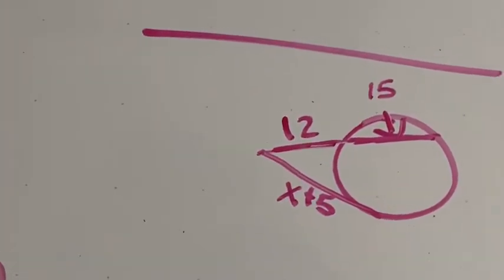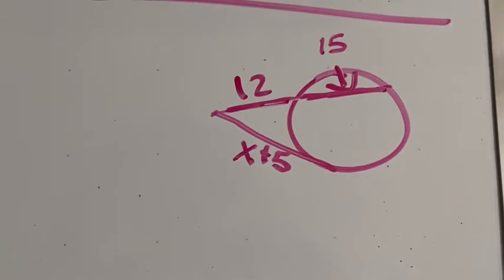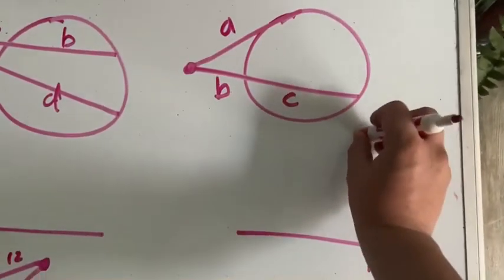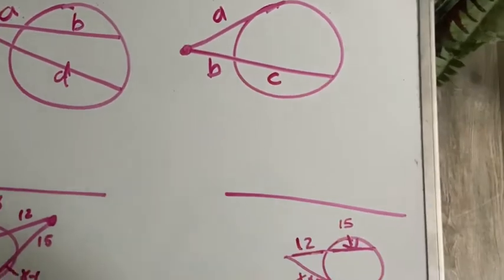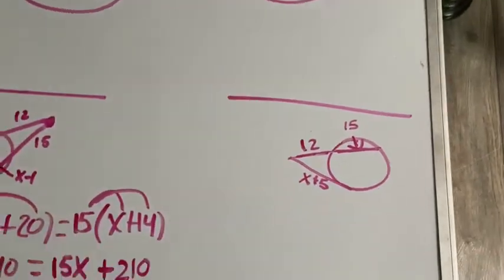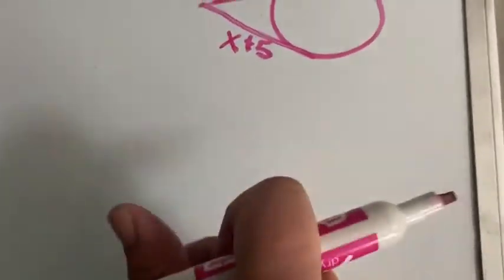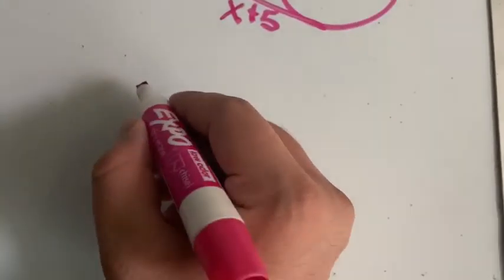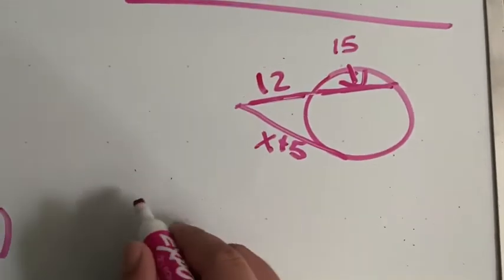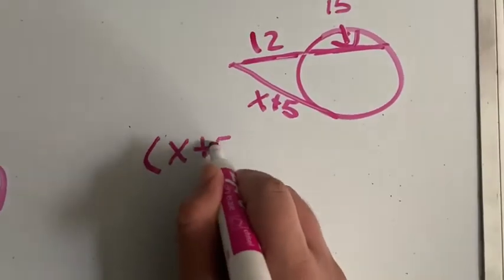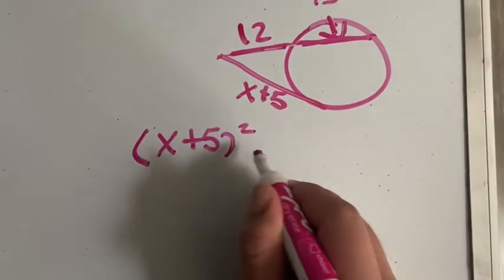So again, this is the process of what to do when dealing with an intersection point with these, okay? So we have x plus 5, right? So what I'm going to do is I'm going to square this x plus 5. x plus 5 squared.